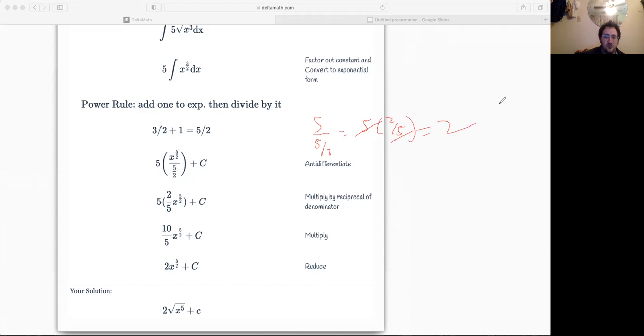So if you can do the radical ones, then you have been very well set at being able to do the power rule.